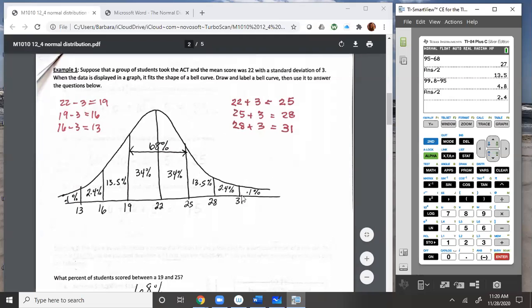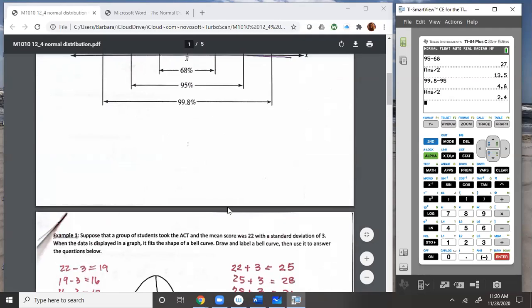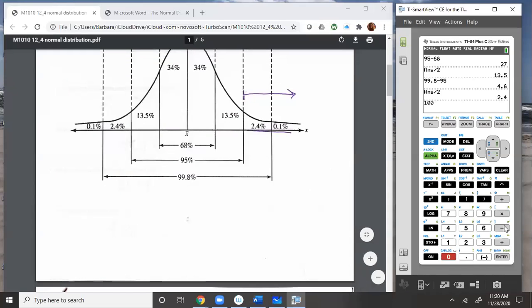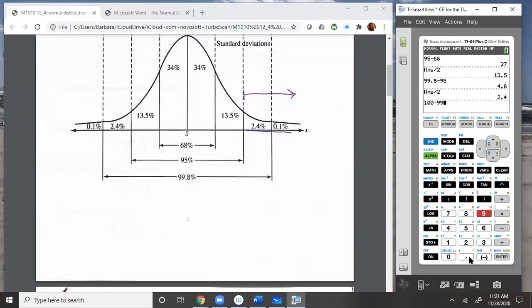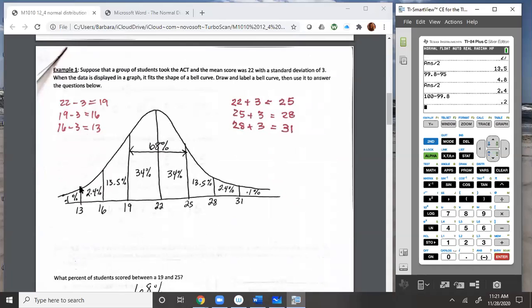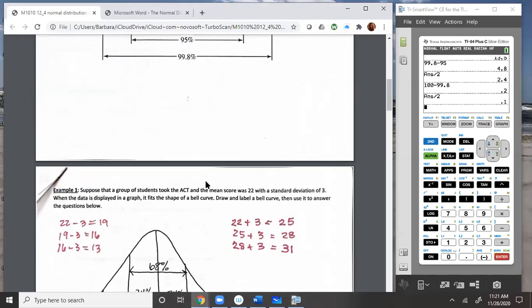And then what's left, so if you take 100 and subtract 99.8, you get 0.2% left in the tails. Half of that is 0.1 that goes in the left and 0.1 that goes in the right tail. Okay, so that's how we got those numbers.